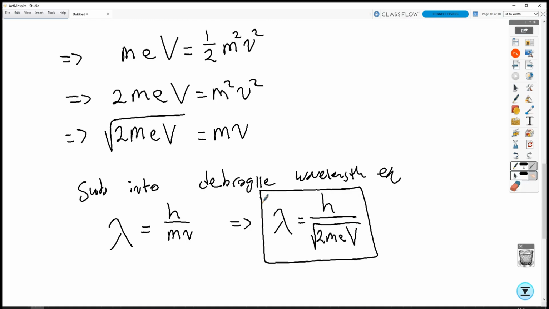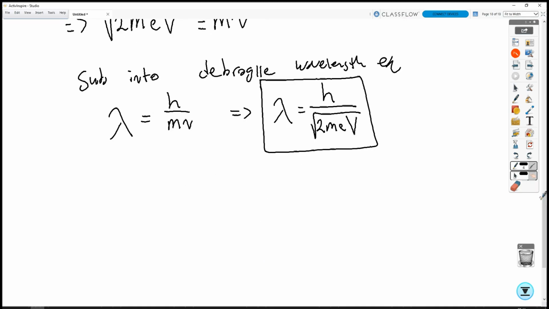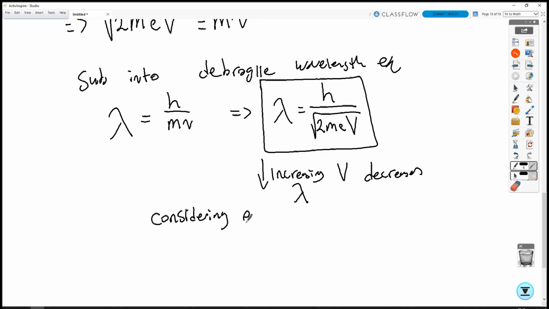So increasing V will decrease lambda because V is on the bottom term. Increasing V decreases lambda. Then, considering the equation, and this is again from last year's equations in waves, n lambda equals d sine theta.